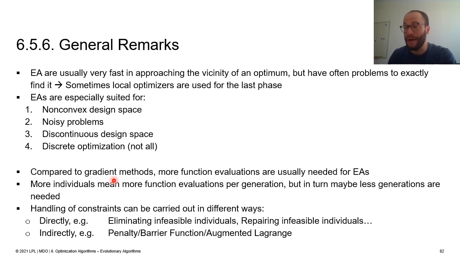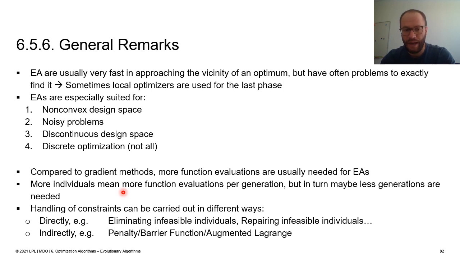So it's more expensive, but sometimes you don't have a choice and you need to pay this price, let's say, because other algorithms are not suitable. There is always a trade-off when you use an evolutionary algorithm, because on top of the specific parameters, such as the crossover constant in differential evolution, you always have the choice of how big your population is and how many generations you want to carry out.